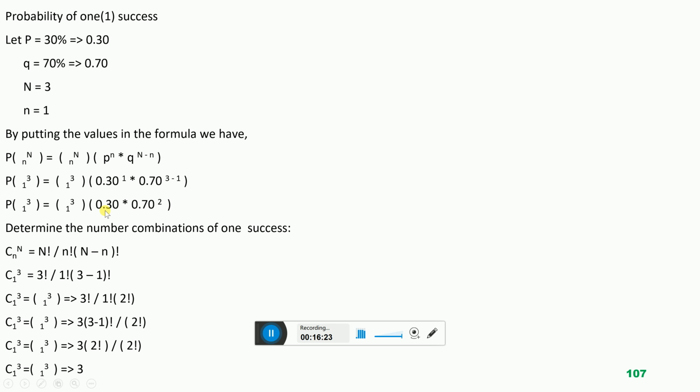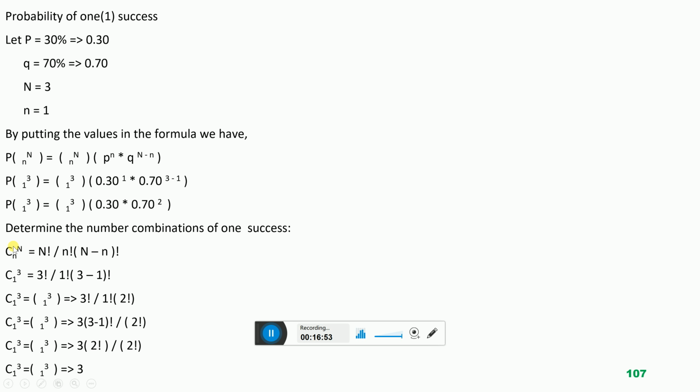Now again we will use the counting rule for combination to determine the number of combinations of one success out of the total 3 exams. How many combinations are possible if the student passes only 1 exam out of the total 3 exams? So we determine the number of combinations of one success.